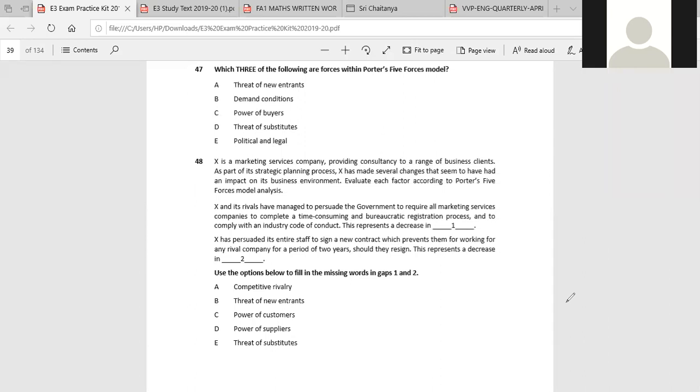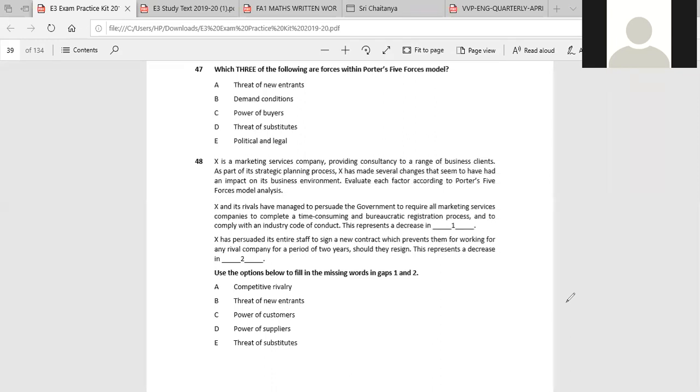Evaluate each factor according to Porter's five forces model analysis. X and its rivals have managed to persuade the government to require all marketing services companies to complete a time consuming and bureaucratic registration process and to comply with an industry code of conduct. This represents a decrease in dash.